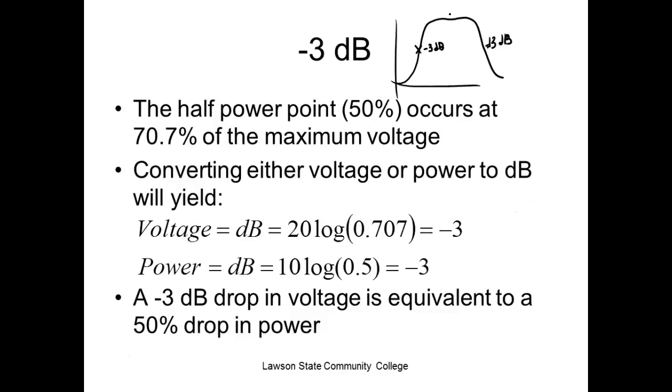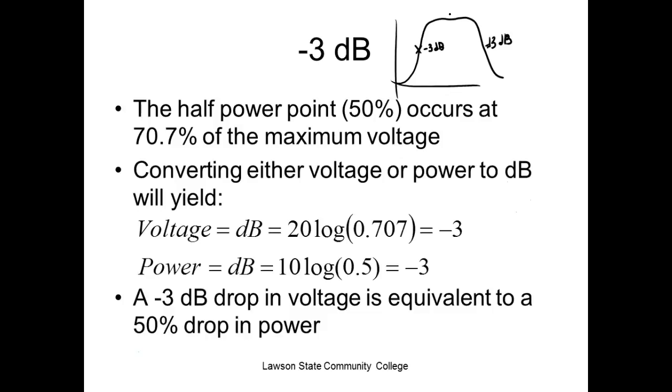So that would be, if I was measuring voltage, 70.7% or 0.707, and if I'm measuring power, which I don't measure because power is so hard to measure, minus 3 dB is 50% power. So you'll see that a lot. We'll start looking when we get into our fiber optics. They'll say maximum loss per pair, and you'll see in communications you're going to see dB a lot.